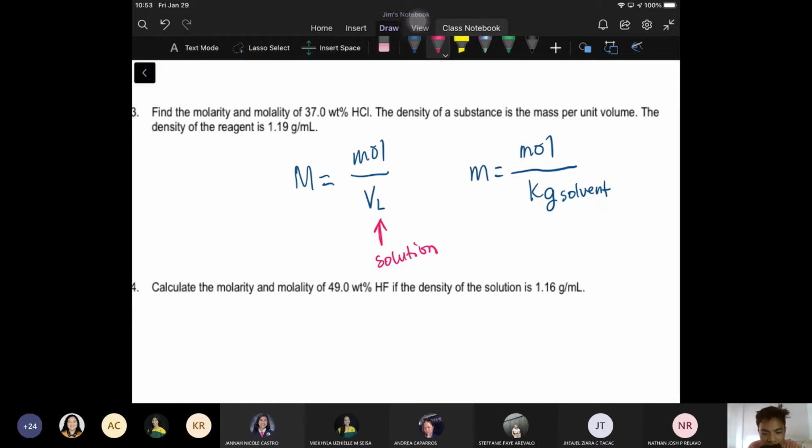No? Pero kapag super concentrated yan, for example, yung number 4, makikita nyo there is a big difference between the two. Okay? So, yun ha. Remember the formula. Pakisave yung equation ng molality. Okay? And then, magsasagot na ako.